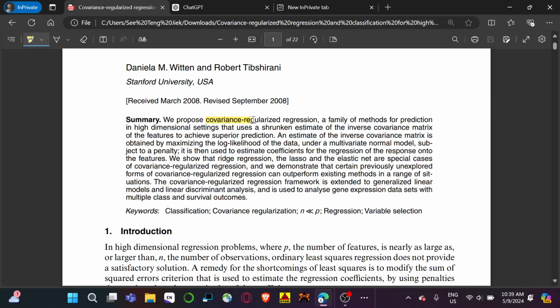Firstly, we have covariance regularized regression. So it's a new type of regression that uses covariance, I would assume, to regularize the regression method. And to say that this type of regression is a family of methods, so it's a collection of methods for predicting in high dimensions.